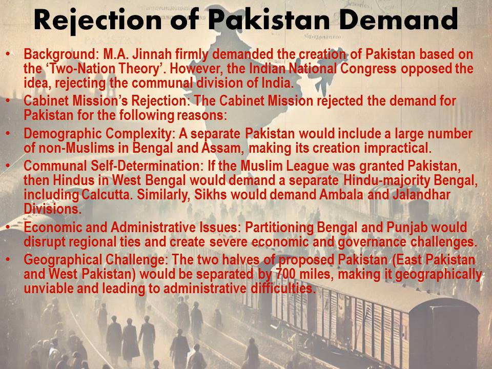So the eastern area will be almost surrounded by India on all sides, and the western division will also be surrounded by India. So these two parts of Pakistan, East and West Pakistan, will be separated by 700 miles with India in between. So how will this be possible?